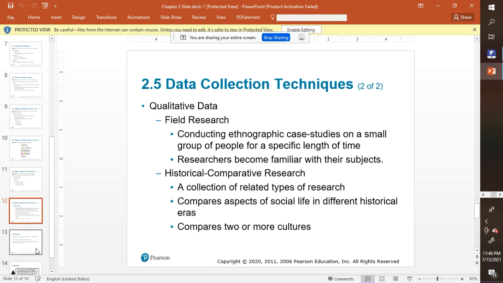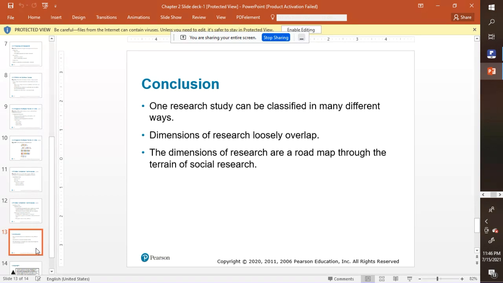I think this is the last slide for today. So we can say a research study can be classified in different ways, depending on the particular thing that is being researched and what is best suited for that particular research. And the measures of research overlap. There is no limit to research. It's continuous.